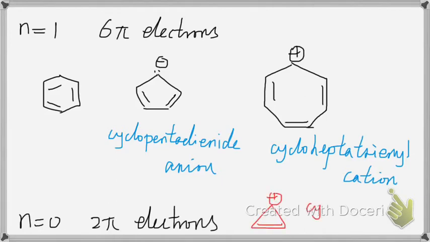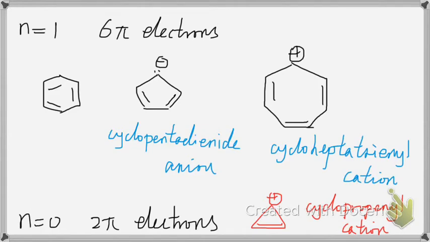I just want to give you one example of a 2 pi electron aromatic compound when n is 0. Here we have the cyclopropenyl cation, 3-membered ring with a double bond and a positive charge.